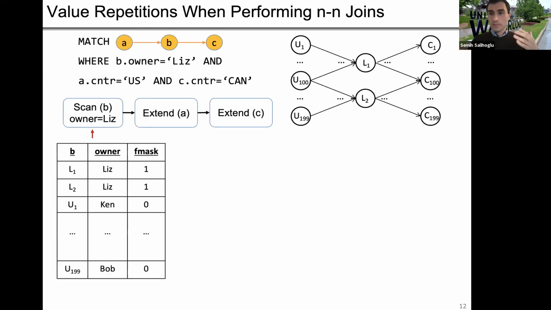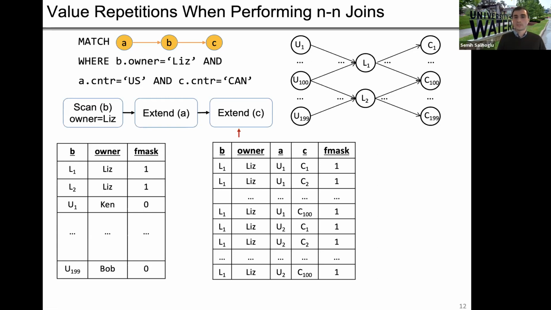So for the scan, if you were to adopt traditional block-based processing, you would get a list of B nodes and read their owner properties, and then run, again in a tight for loop, a filter to find the accounts owned by Liz. But by the time you come to the last operator, the output block would contain a lot of repetitions because of the nature of the many-to-many relationships in the data and the query.